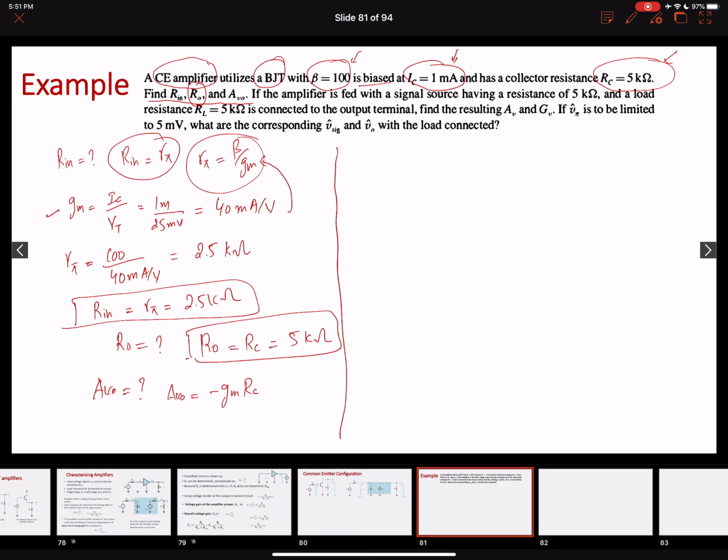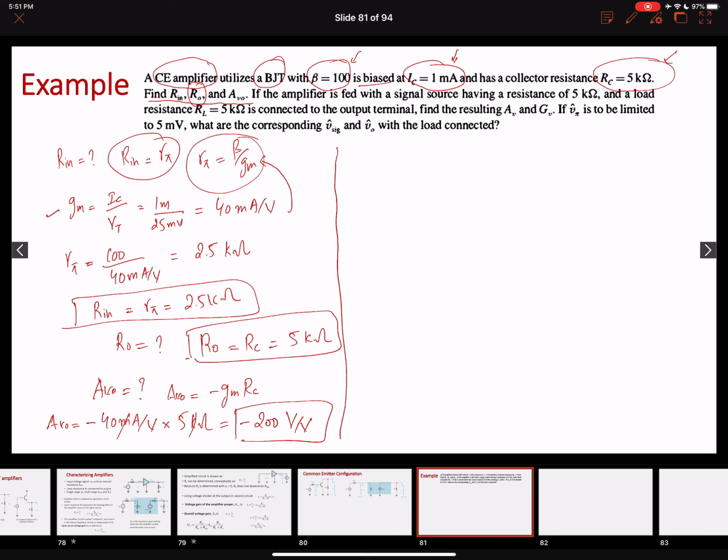So it should be equal to minus GM, which is 40 milliamperes per volt, multiplied by RC, which is 5 kilo ohms. You can cancel this out, and then 40 multiplied by 5 is going to be minus 200 volts per volt. So this is the value of the open circuit voltage gain.